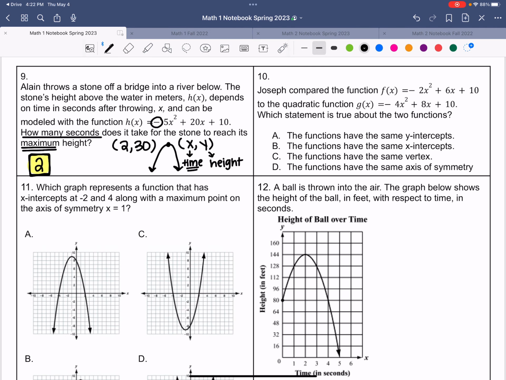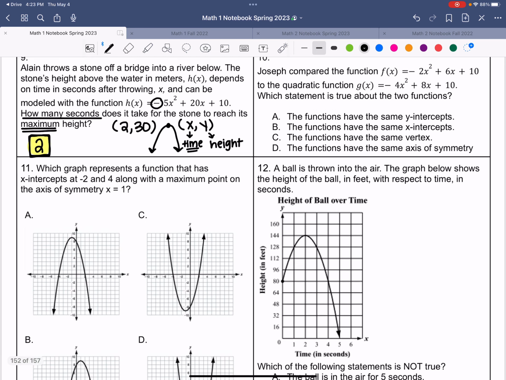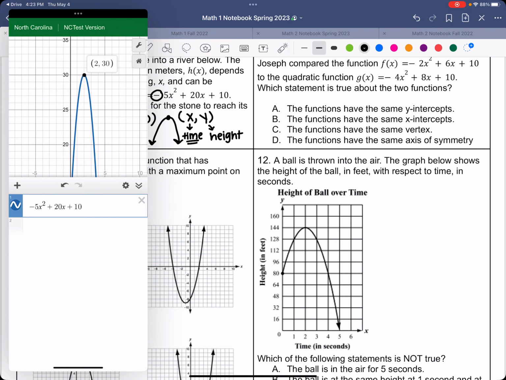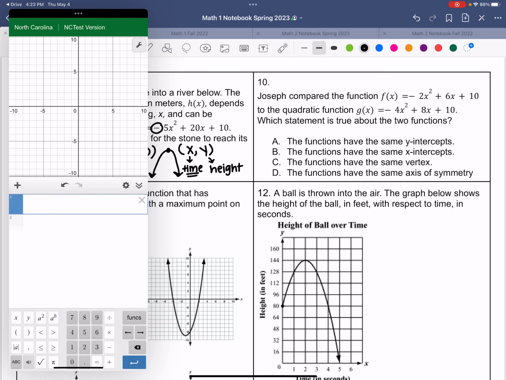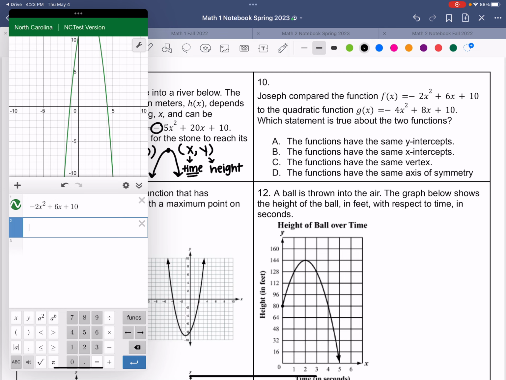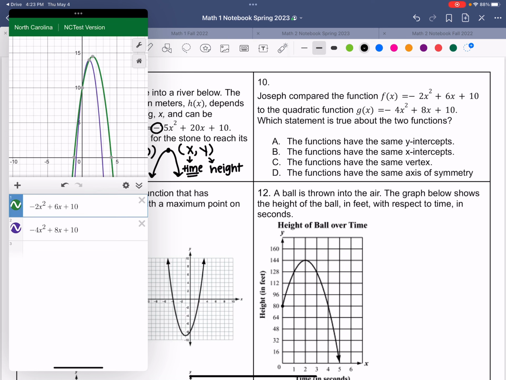Number 10. Joseph is comparing functions. Which statement is true? So let's graph these and look at them. The first one. The second. Okay. Do they have the same y-intercepts?